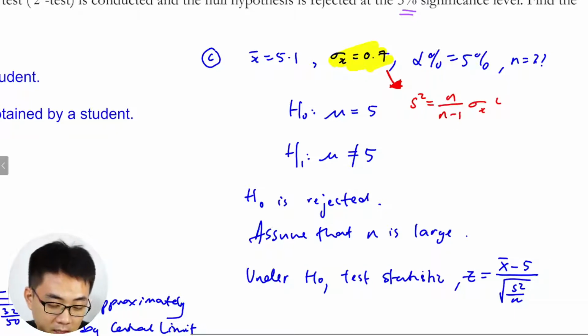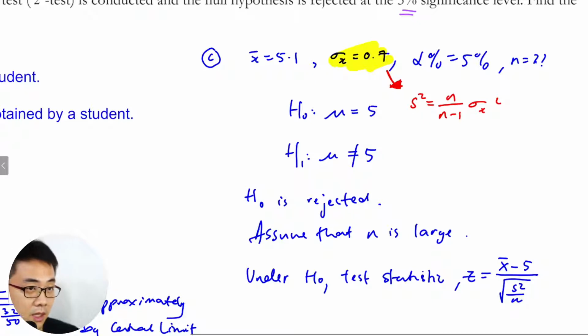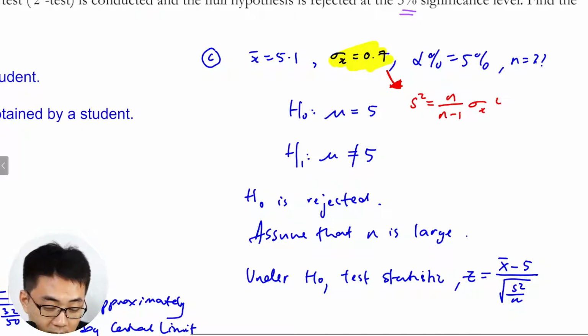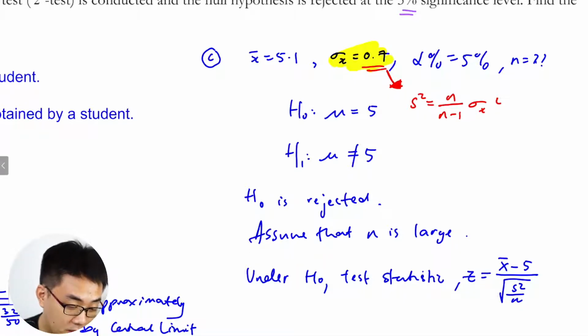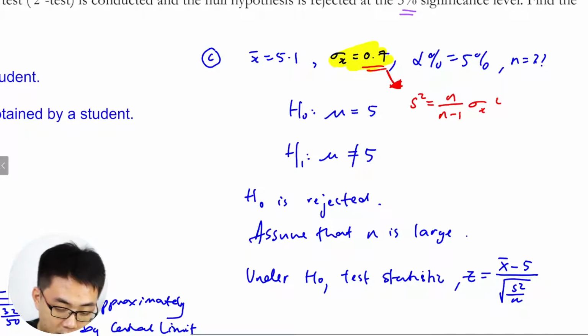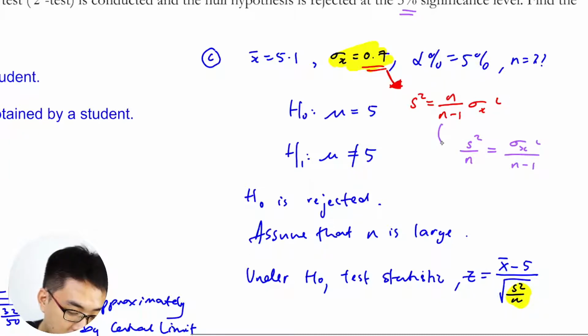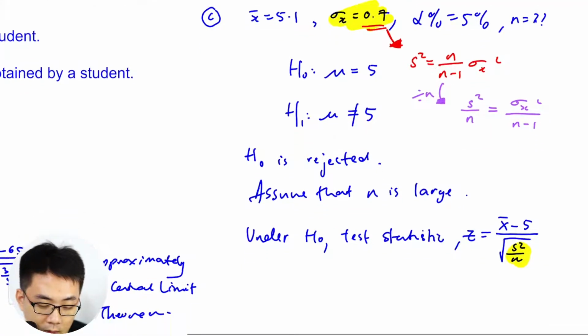Remember this expression here. Seal it in. You are given the sample standard deviation, not the population, so you need to use this expression. Because you need s squared over n, in other words, s squared over n would just be sigma x squared over n. You just rearrange this by dividing both sides by n. That's all.